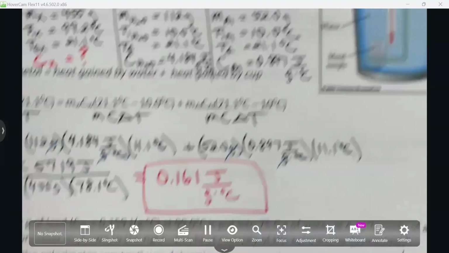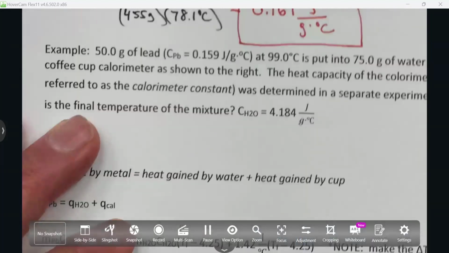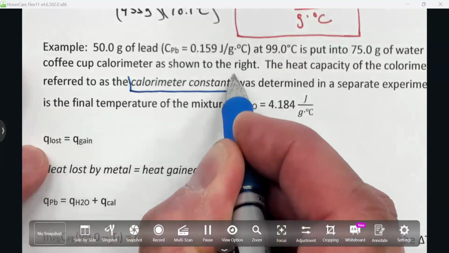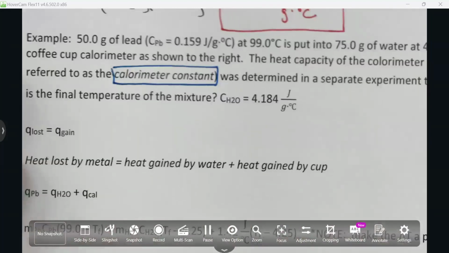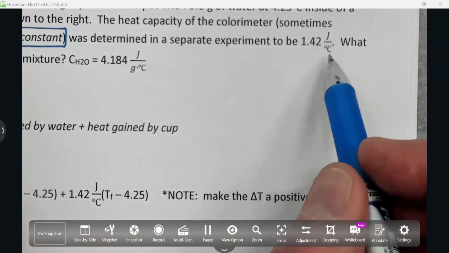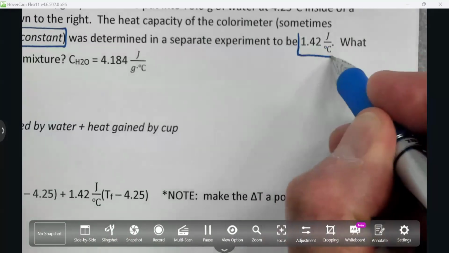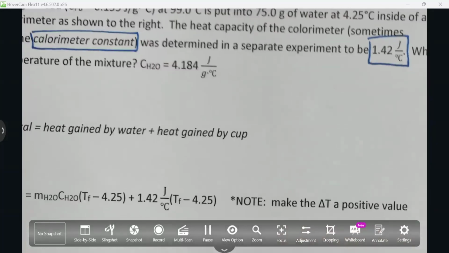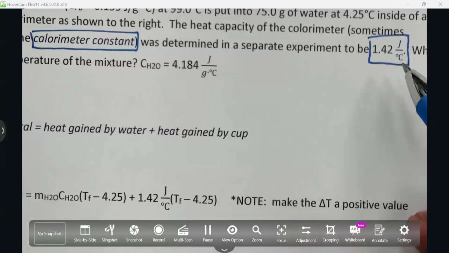So what they do is they roll the mass in and they call it a calorimeter constant. Now look at the calorimeter constant. It's 1.42 joules per degree Celsius without the mass. So the mass is built into this value.